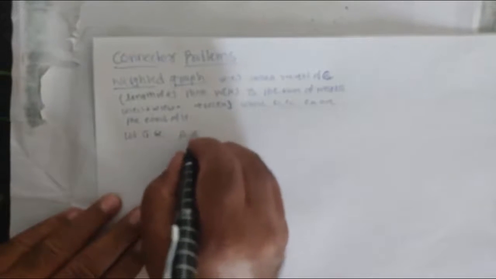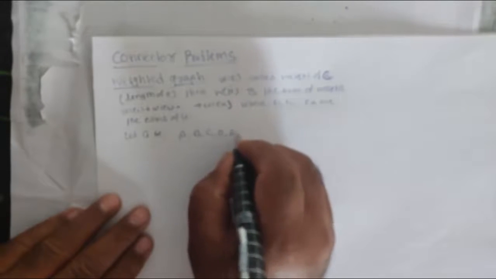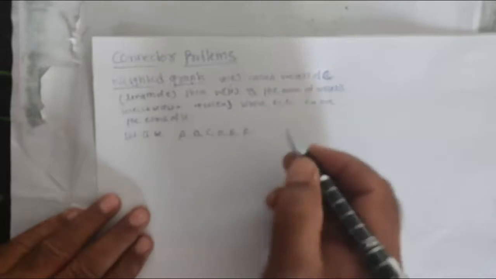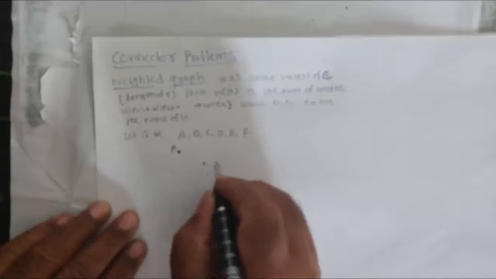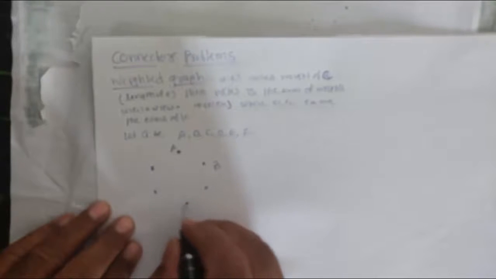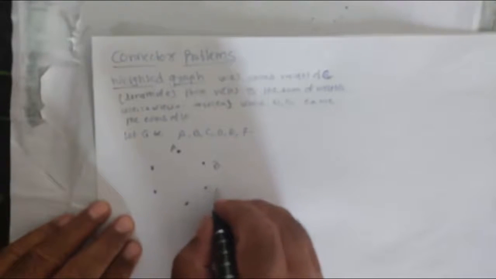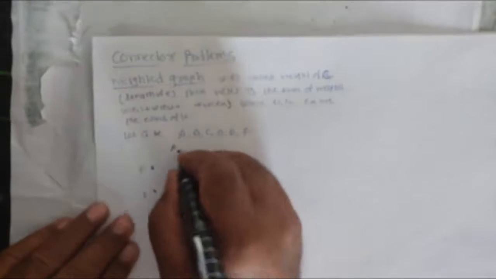Here there are 6 villages A, B, C, D, E and F.